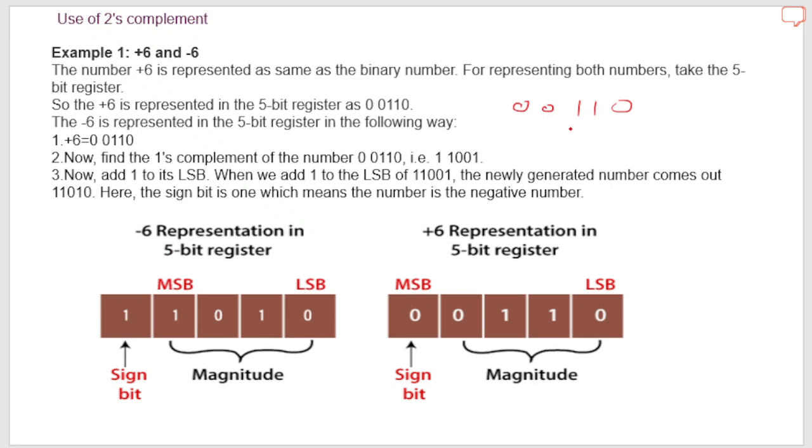For minus 6, first we will do the 1's complement. So 1 1 0 0 1. Now I will add 1. So it will become 1 1 0 1 0.